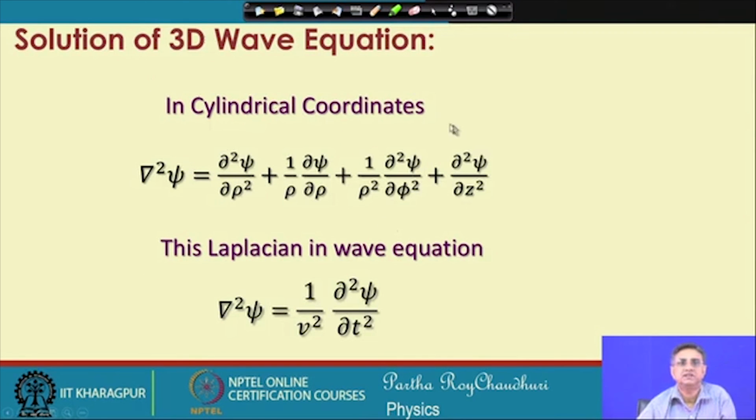So, the Laplacian in the cylindrical coordinate system comes through this equation for psi. So, del square psi will be involving del square by del rho square, 1 by rho del by del rho, and the azimuth part. The Laplacian in the wave equation gives you the wave equation in this form.